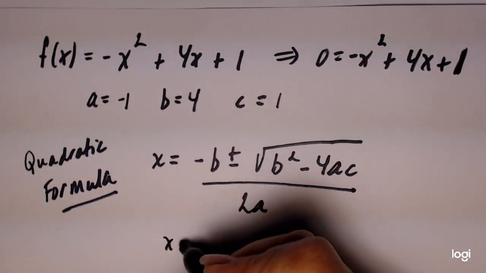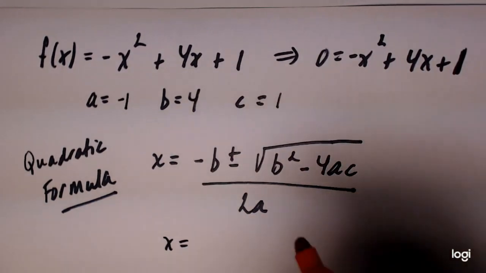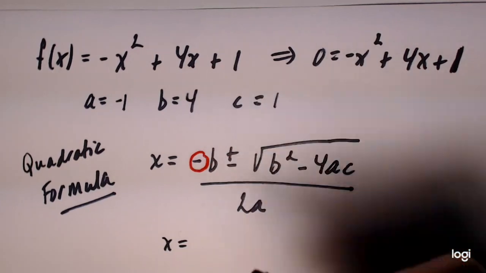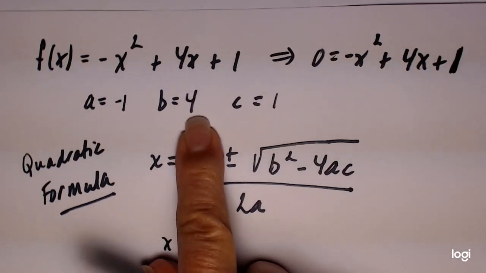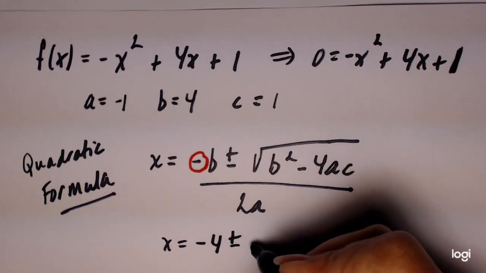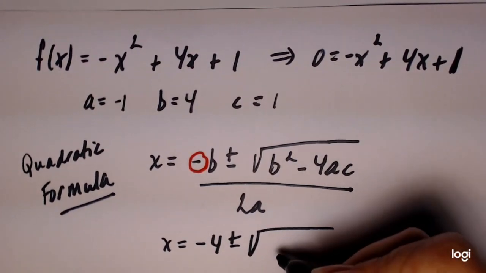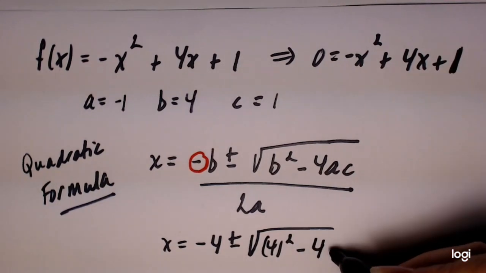So now we come here and we start to do our substitutions. Remember, this says the opposite of B. So in our example here, B is positive 4. So this is going to be negative 4 plus or minus. B is 4, so I'll write that in, 4 squared minus 4.